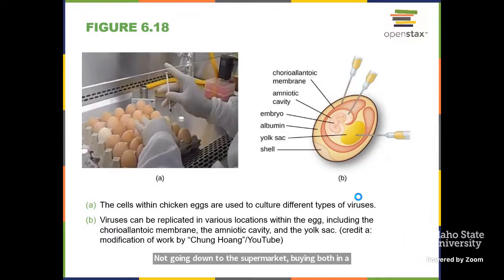They're fertilized eggs. And there are multiple ways, it kind of depends on what you're targeting, that we may inoculate these eggs, into the yolk sac, the embryo, or the outer membrane, allowing the virus to replicate and then extracting it out of it. That's the idea.